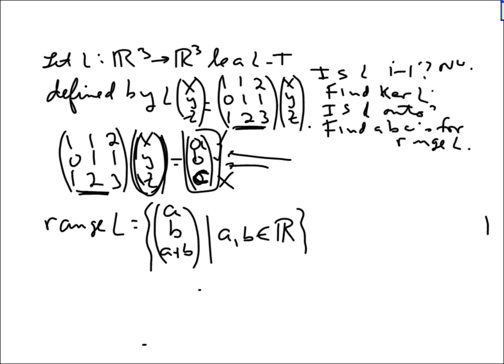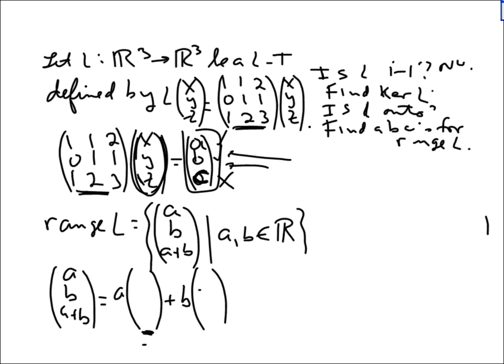Now, we want a basis for this. Well, separate the a's and the b's. It should be written as a multiple of a plus a multiple of b, and these vectors will be the basis. Well, a is 1a plus 0 b's. b is 0 times a plus 1 times b. And a plus b is 1a plus 1b.